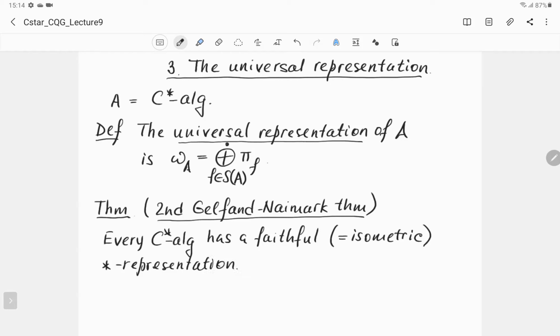Let's recall that each injective star homomorphism between C-star algebras is automatically isometric. So in particular, each faithful star representation of a C-star algebra is isometric. And specifically, it turns out that the universal representation omega A is faithful.